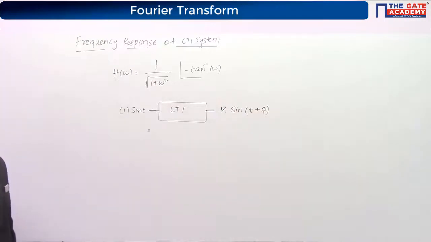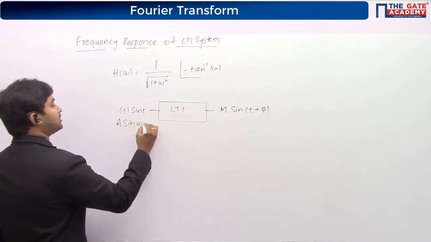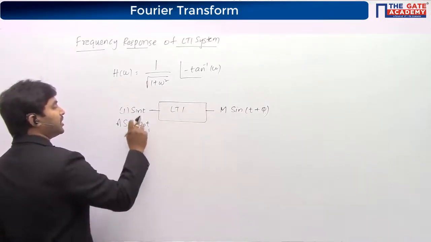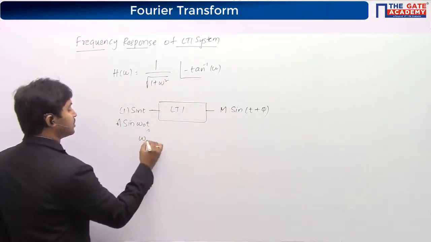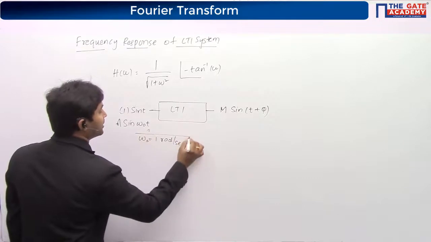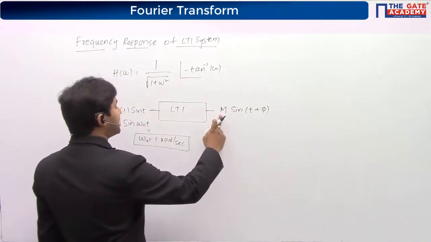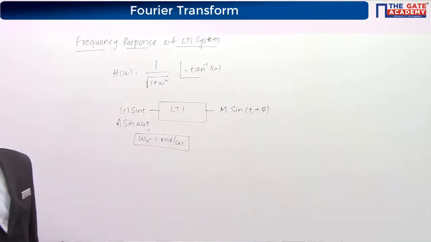In the standard form we take A sine omega naught t as an input. So A is 1 here and omega naught is also 1, that is, 1 radian per second. So the M value and the phi value have to be found out.